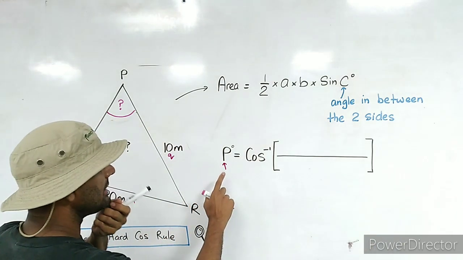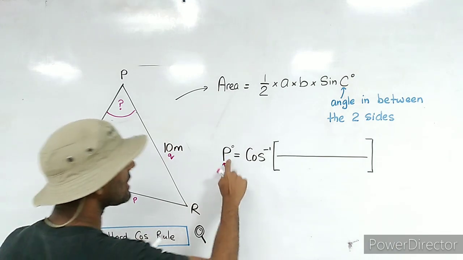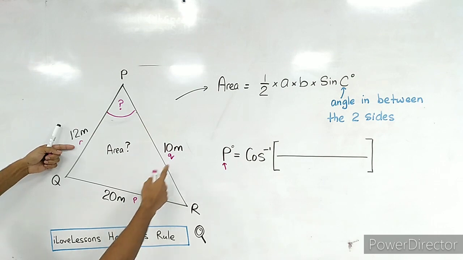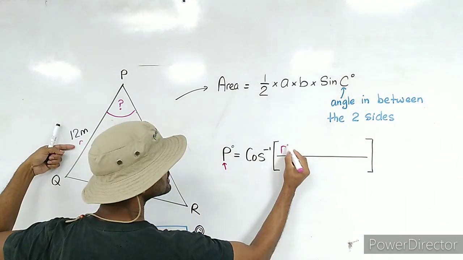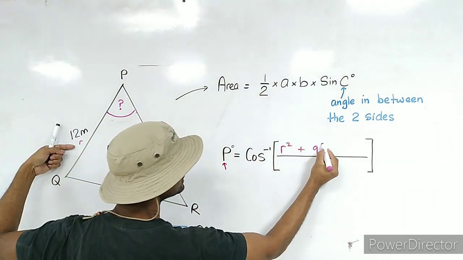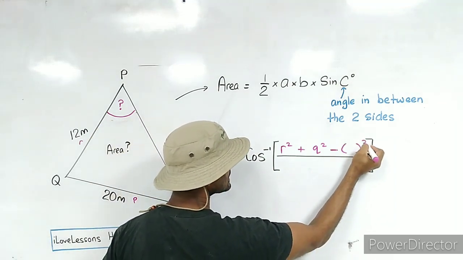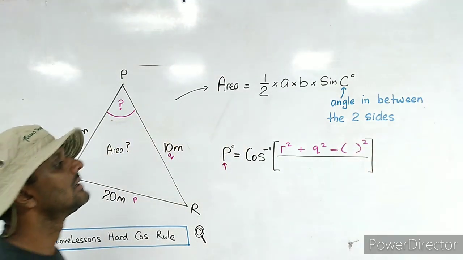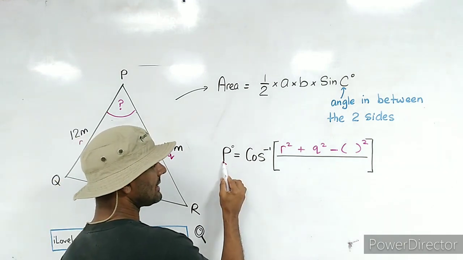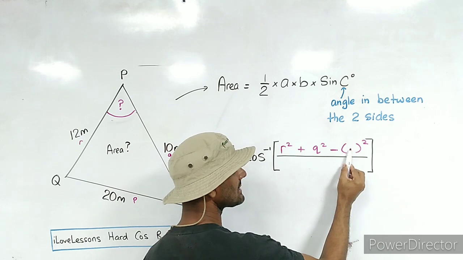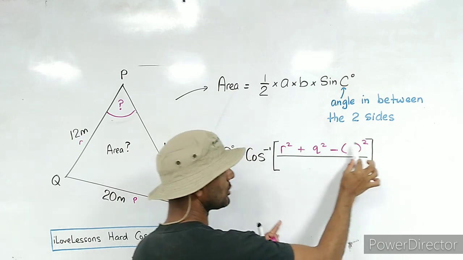Ask yourself, what's the other two letters other than P? Obviously, it's R and Q. So you just say R squared plus Q squared minus open brackets, close brackets squared. Whatever capital letter you have underneath here goes inside the pair of brackets, so it goes last.